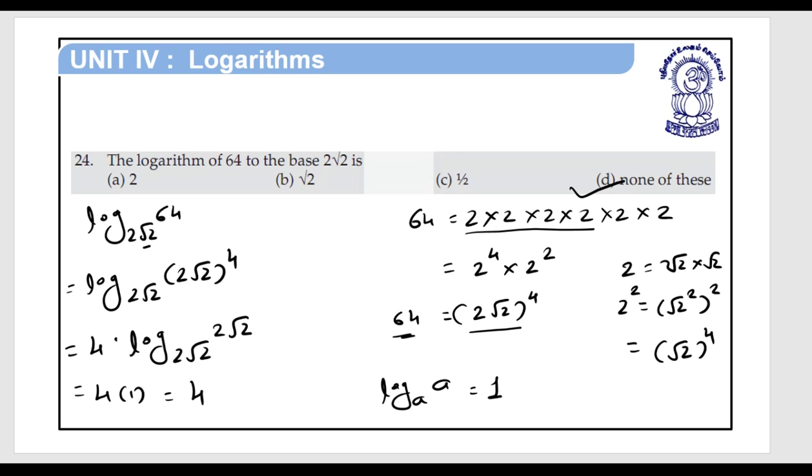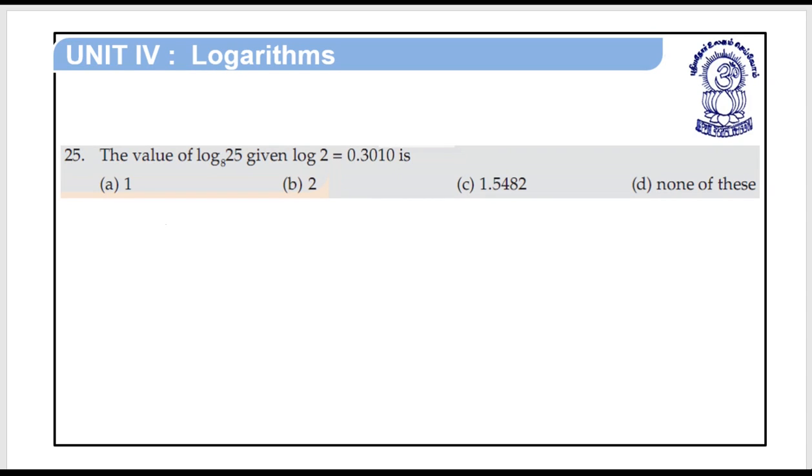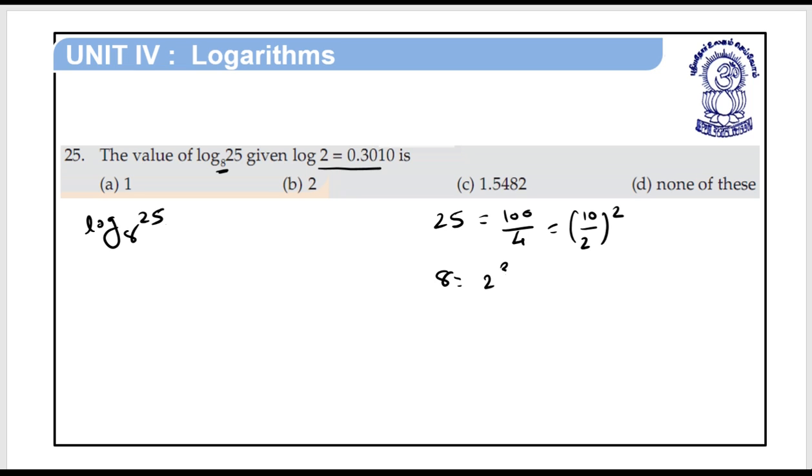None of these. The value of log 25 to the base 8 is, given log 2 is equal to 0.3010. Here log 25 to the base 8. So 25 is equal to 100 by 4, so 10 by 2 square, and 8 means 2 cube. So we can write, take base as 10.